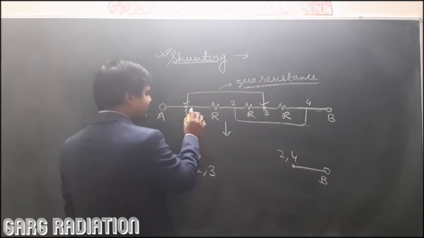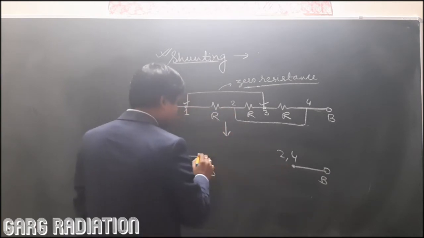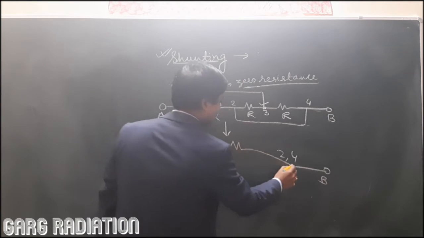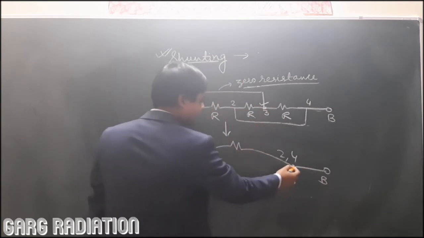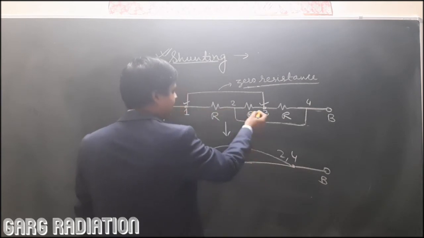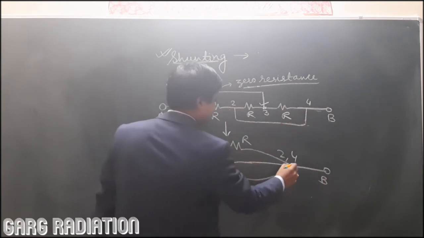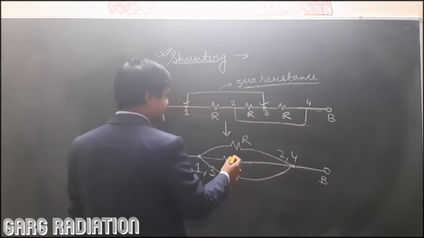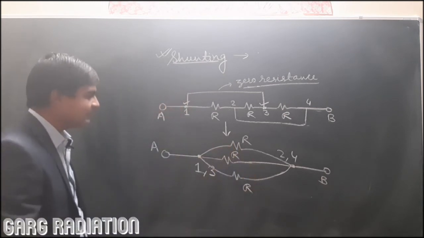There is one resistance between 1 and 2. Yes or no? So we draw one resistance here. Then between 2 and 3, there is one more resistance, R. And then between 3 and 4, there is one more resistance. We redraw the circuit like this, and we get these resistances in parallel.